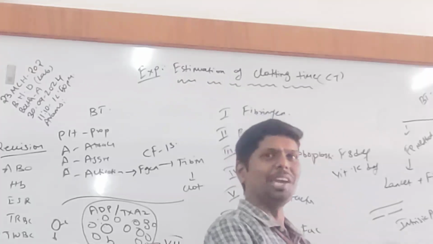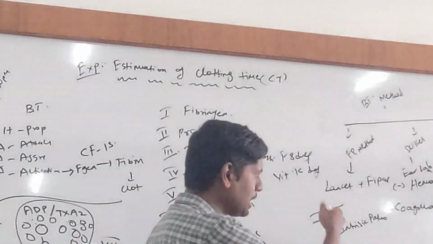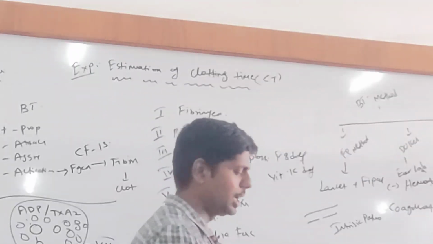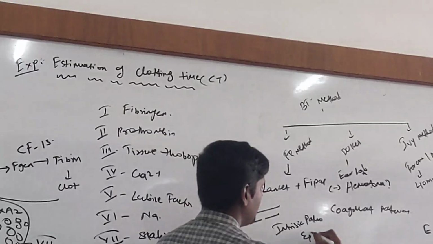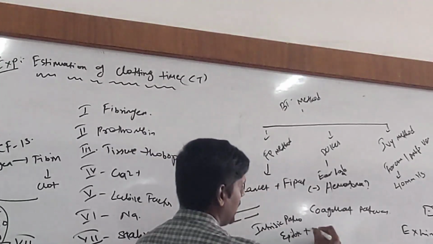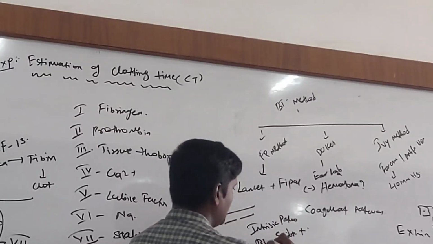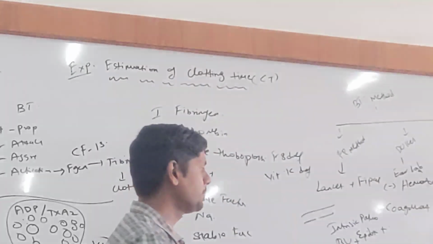Now, a quick glance at this pathway. Everyone, draw this pathway. You should recall these things. Intrinsic pathway: immediately there will be endothelial damage, plus obviously blood vessel damage.